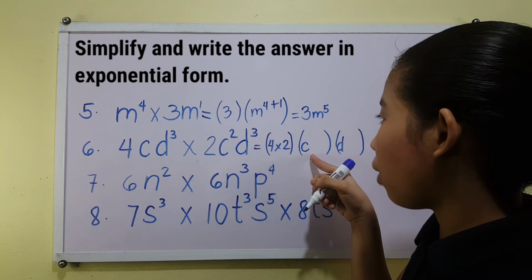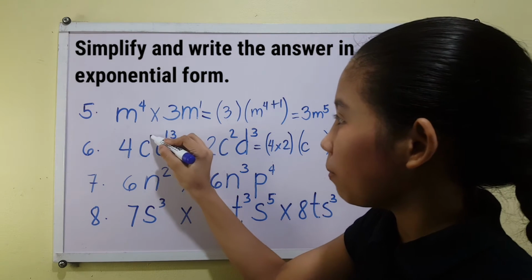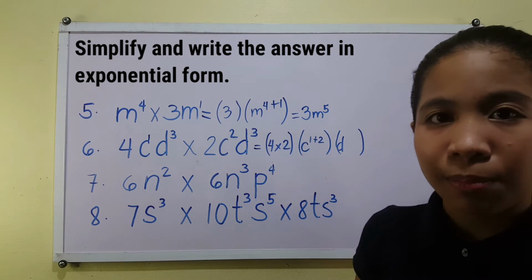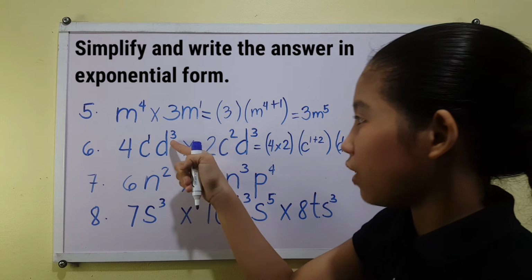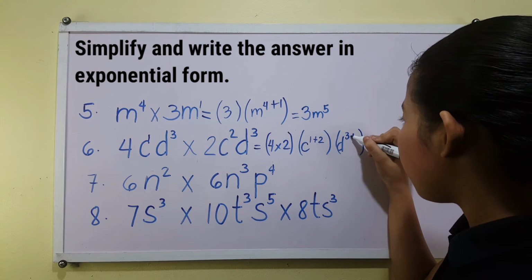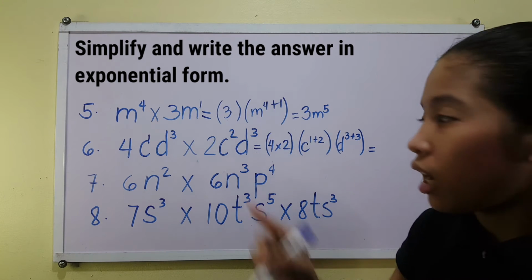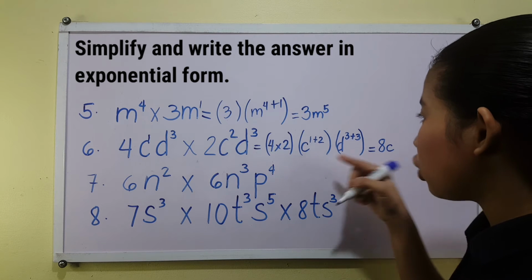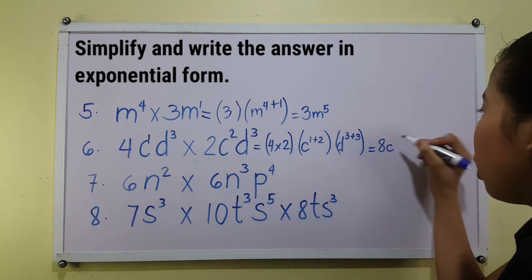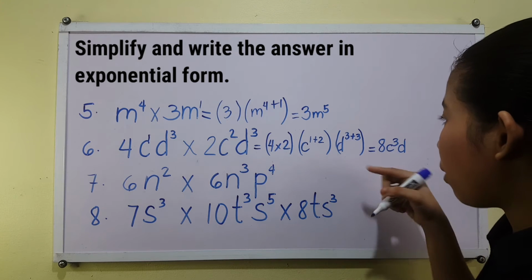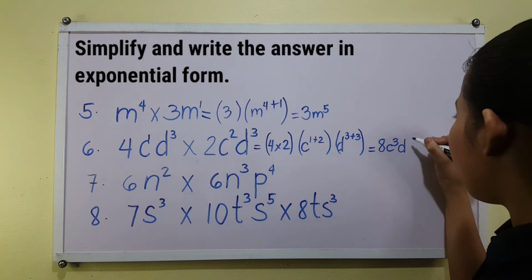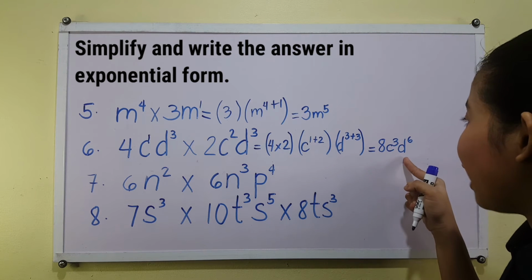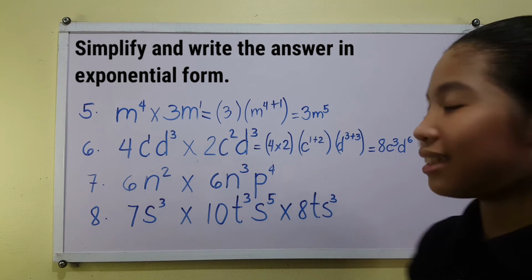So the exponents for our base c is 1 plus 2. And the exponents for base d are 3 plus 3. Now, let us simplify. 4 times 2 is equal to 8. And c to the power of 1 plus 2 is 3. And d to the power of 3 plus 3 is 6. So our final answer is 8 and c cubed and d to the power of 6.